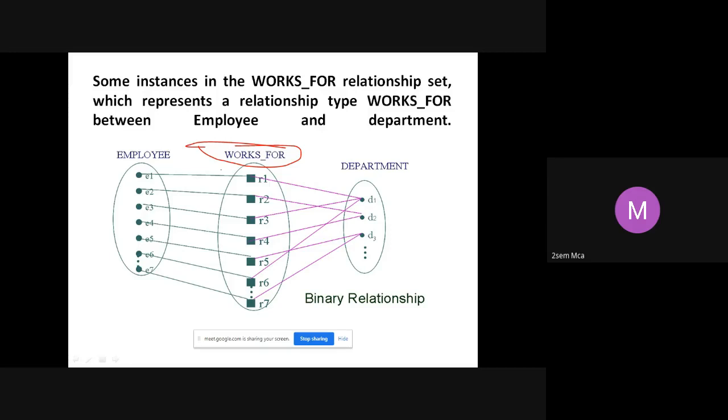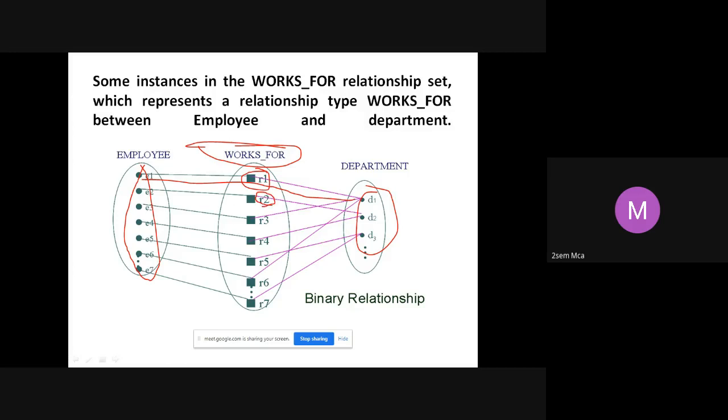Okay. Now, once I say it's a relationship, I also have to show how these employees E1 to E7 are related. Who are connected to which department and so on. So now look here. E1 is connected to D1 through one instance, let us say R1. Simply we are naming that as one relationship. R1 is the first relationship, let us say. E2 is related to D2 through an instance called R2.